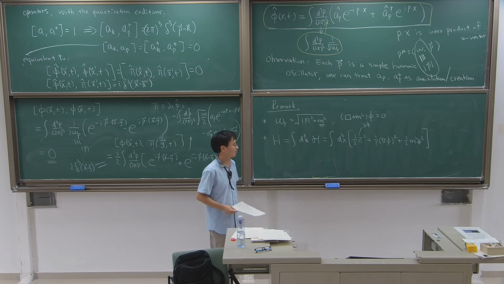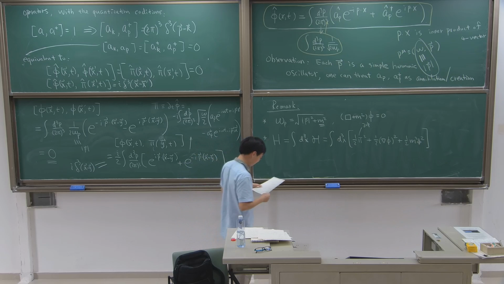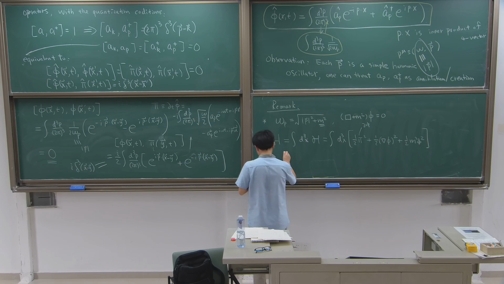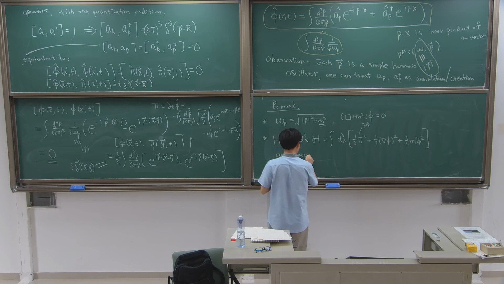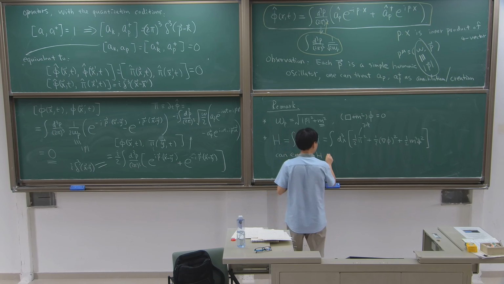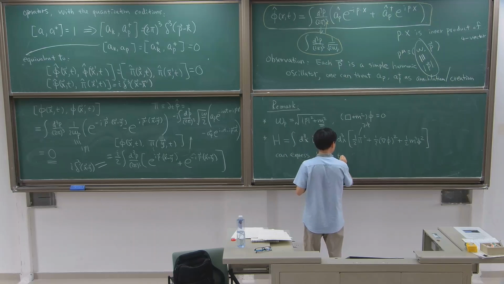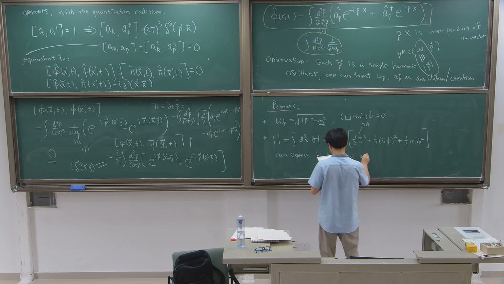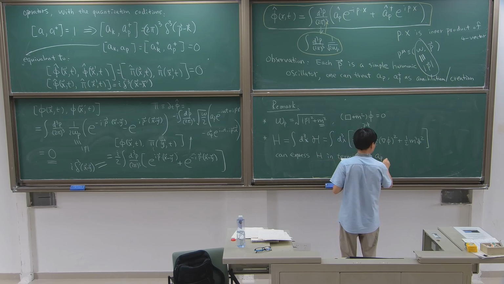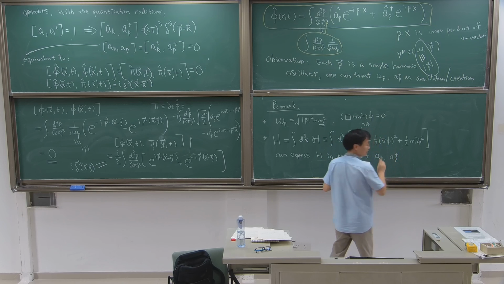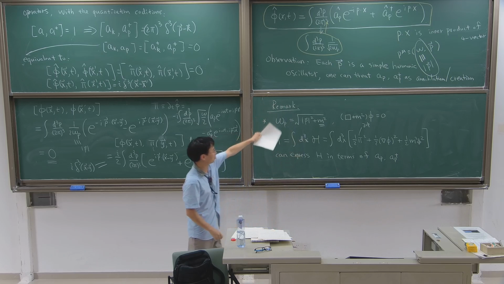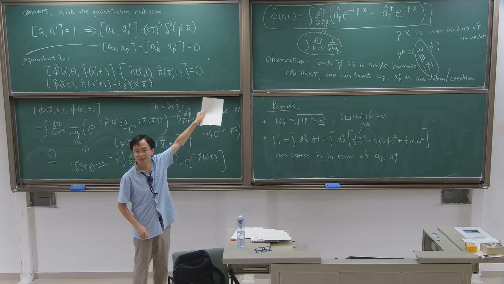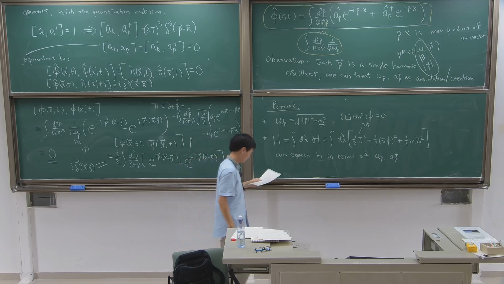Just throw away the hat. Therefore, one can express clearly the Hamiltonian in terms of A and A dagger, in terms of A_p and A_p dagger, right? It's very straightforward. You can do it right now, right? Just plug that formula into this one.